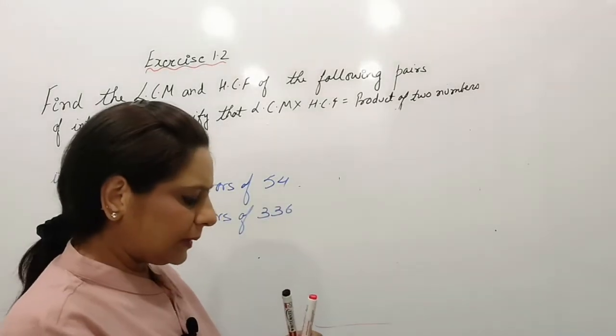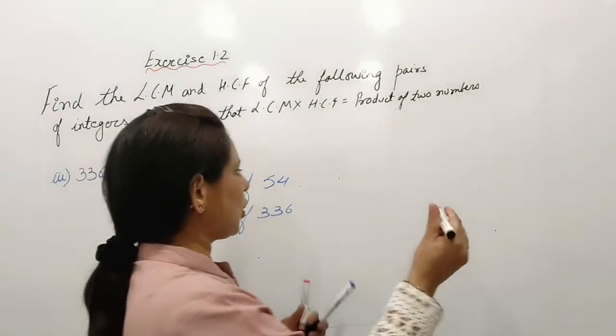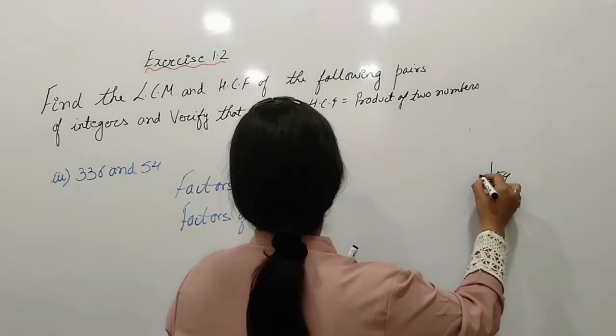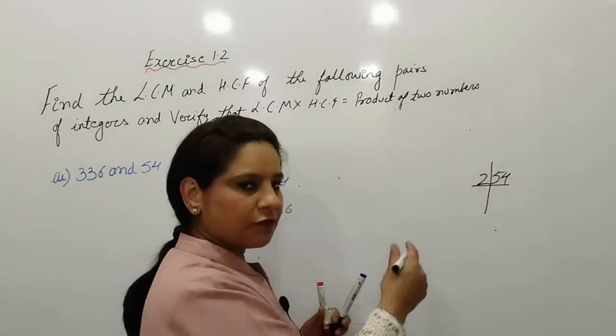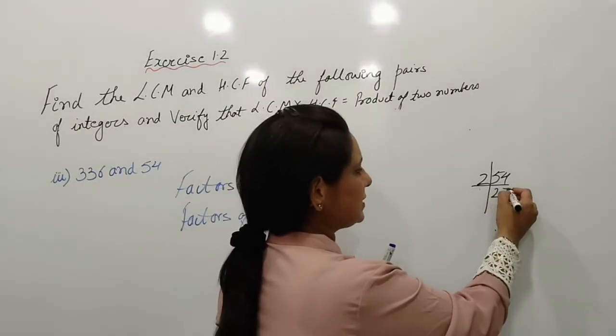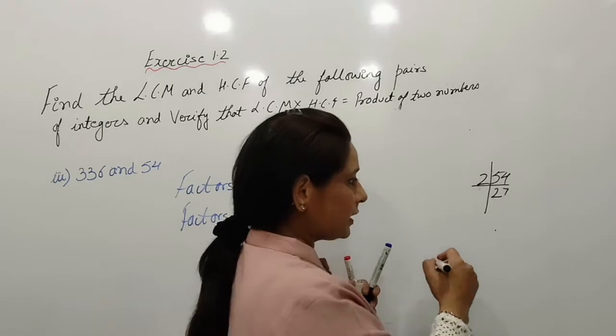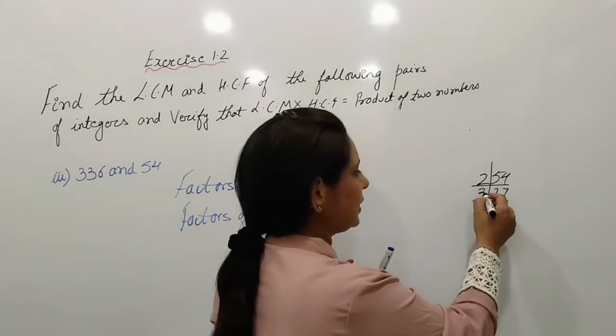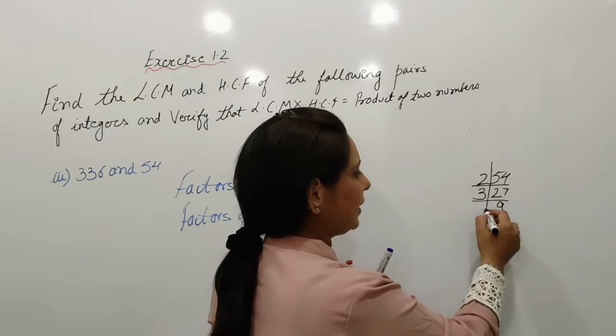As आप लोग को अभी starting है तो हम एक rough column बना ही लेते हैं where you can see how we are finding the factors. The factors of 54, as it is divisible by 2, so I am going to write 27. Is 27 divisible by 3? Yes, it is divisible by 3. So 3 and then 9.